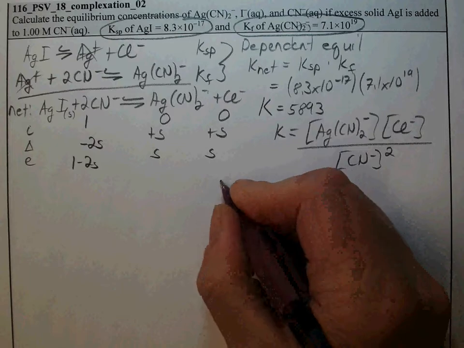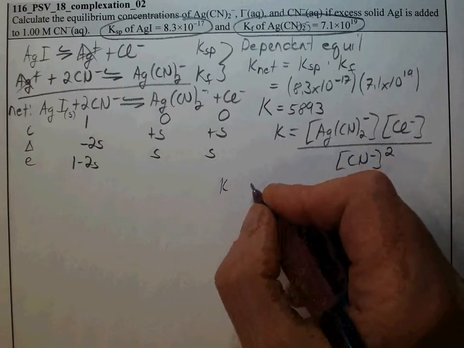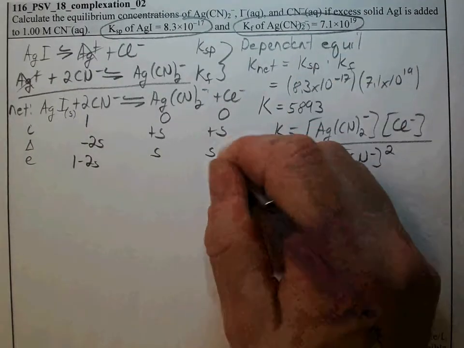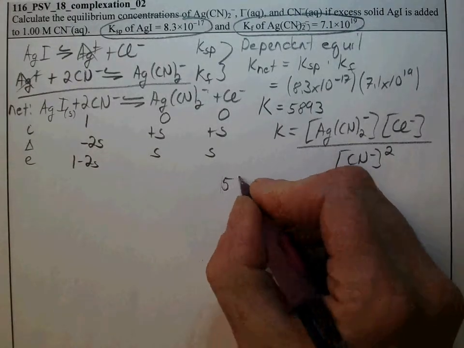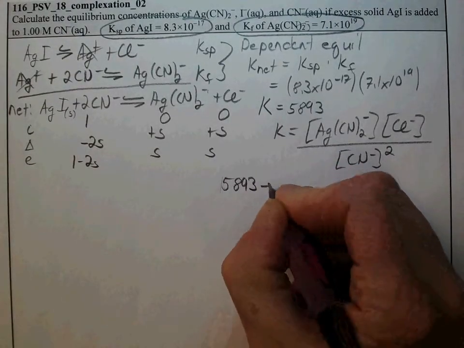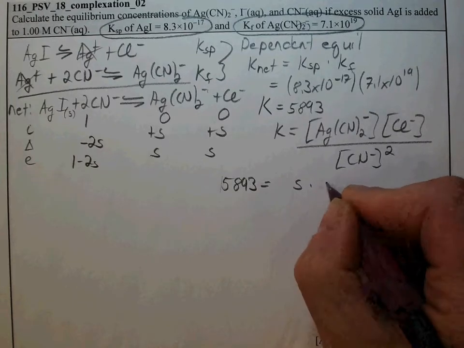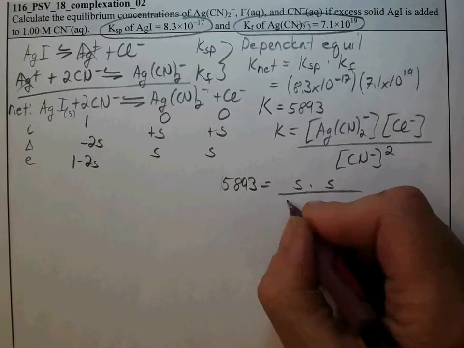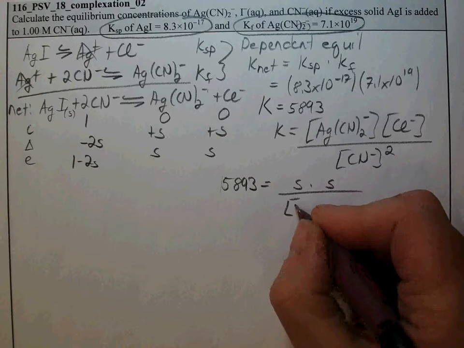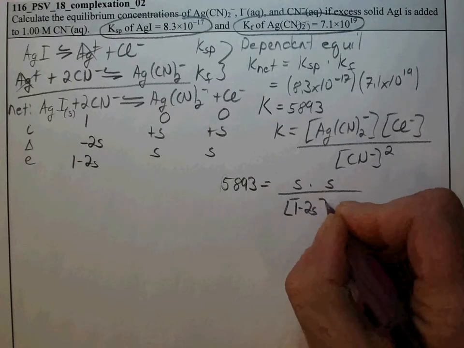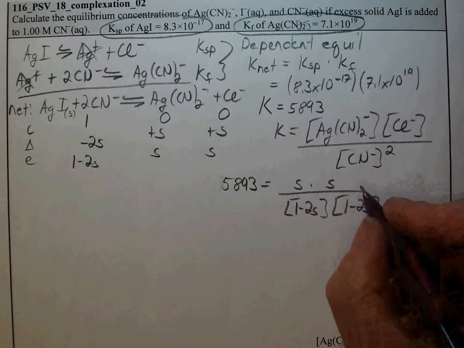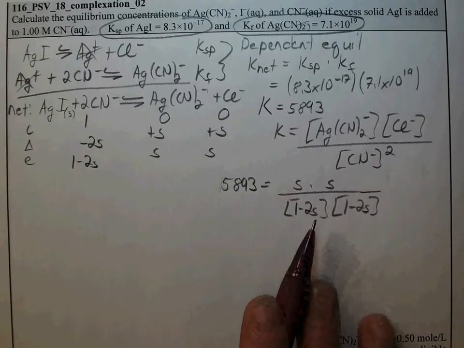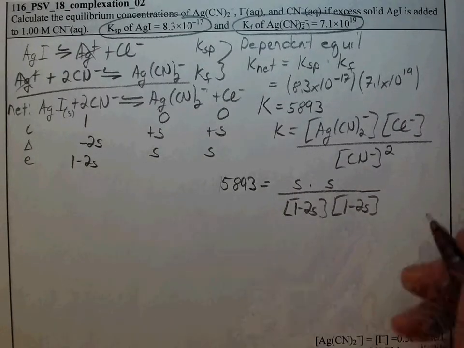So K net is 5893, and we have S, and CN squared is 1 minus 2S times 1 minus 2S. Okay, I've written it this way so we can see easily that this is a perfect square.